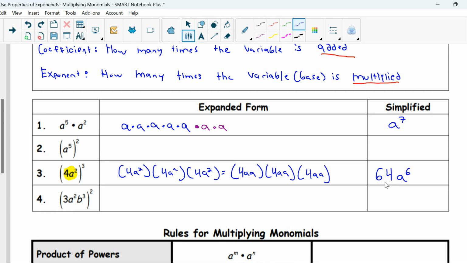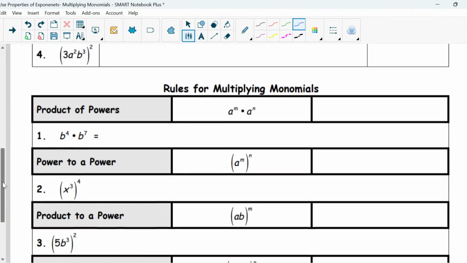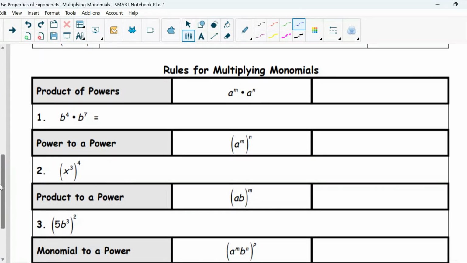Next, we are going to look at rules for multiplying monomials. The first rule that we look at is product of powers. When we are multiplying two monomials with the same base, that is very important, it is the same as adding our two exponents. So this is the same as saying a to the m plus n power.